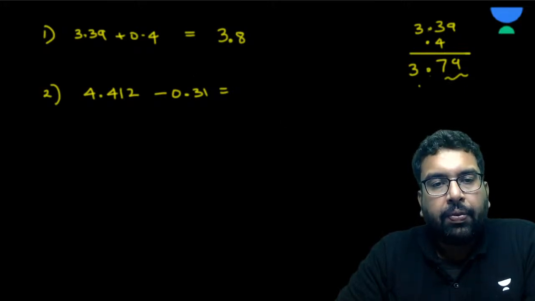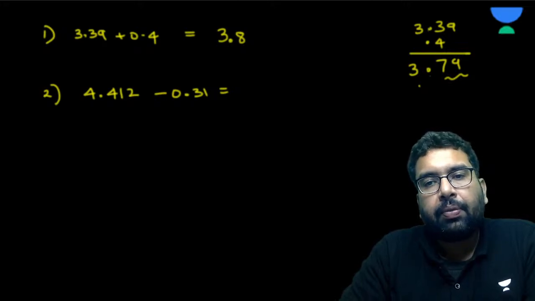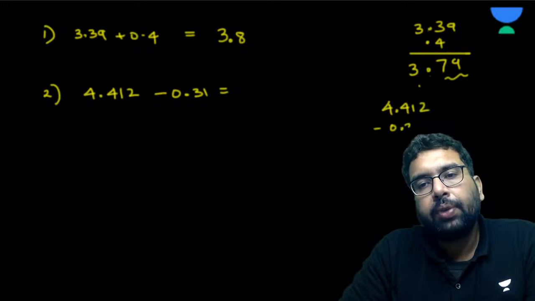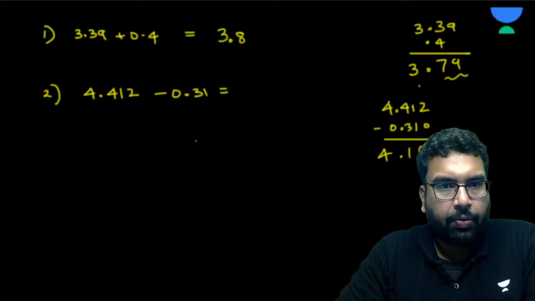Now similarly, if I subtract 0.31 from 4.412, we will be getting 4.102, right? 4.102.